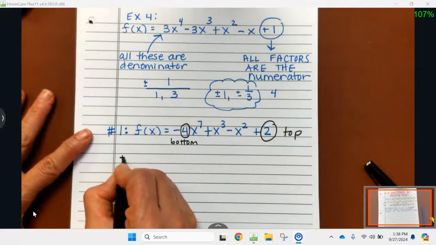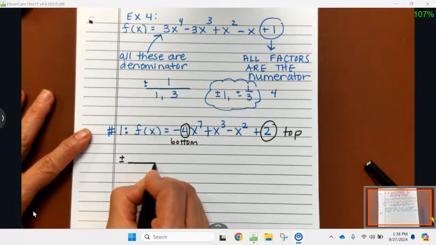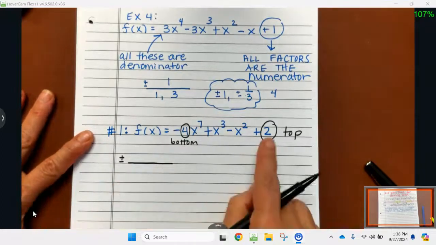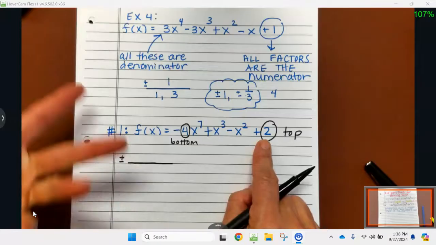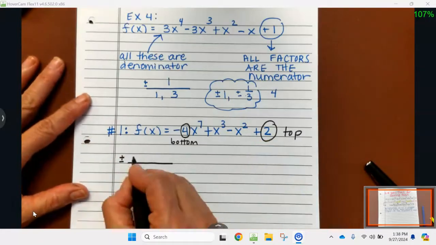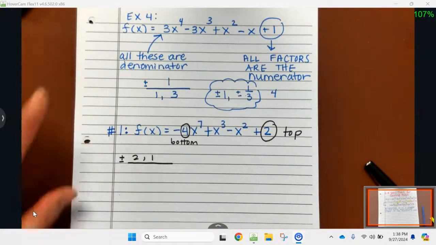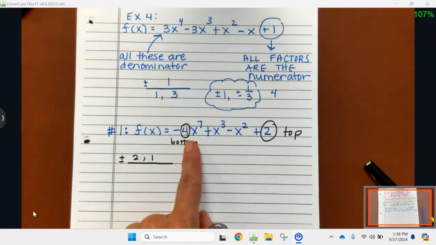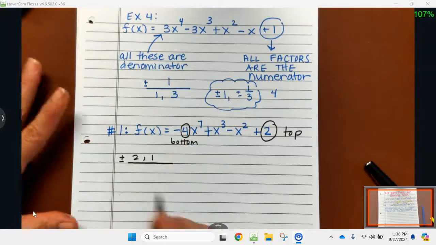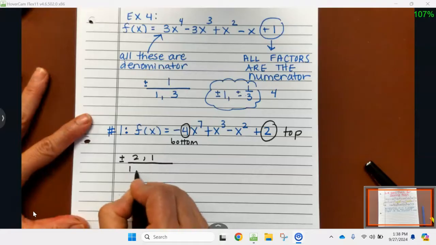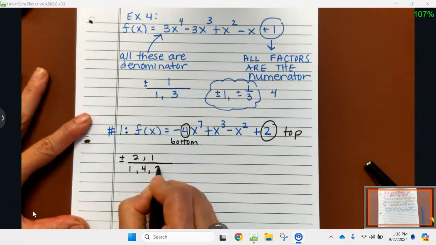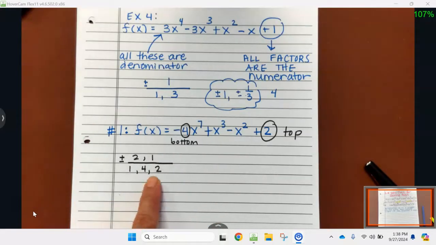So let's go ahead and draw our little setup for the rational zero test. I'm going to put all the factors of 2 on the top. Again, it's just 2 and 1 because it's prime. But this 4 has more factors than just 2. So remember, 4 is 1 times 4, and it's also 2 times 2, but you only need to list the factors 1 time. Don't list 2 2's down here. That doesn't work like that.